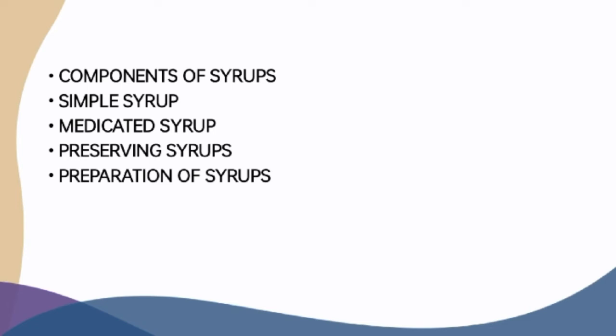The third one is the addition of sucrose to a prepared medicated liquid or to a flavored liquid. And the fourth one is the percolation of either the source of the medicating substance or the sucrose.